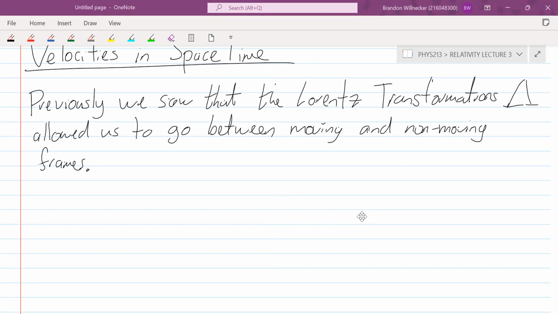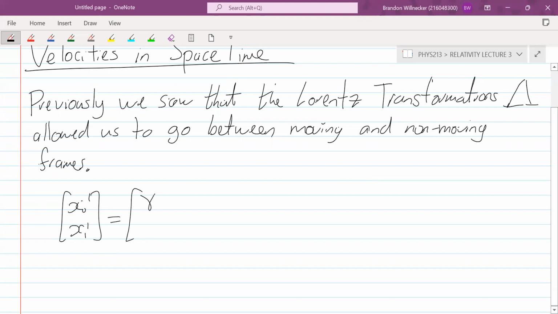So in fact, a space-time point in the primed coordinate system, so your coordinate system, if you're moving, is given by (x0 prime, x1 prime) is equal to, and then we had this nice matrix, gamma, minus beta gamma, minus beta gamma, gamma.